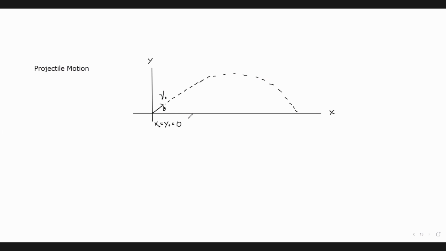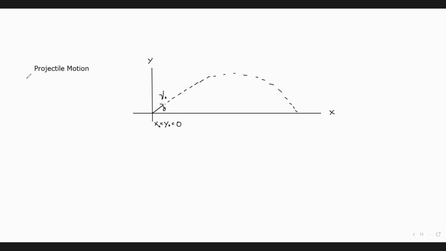In other words, I'm launching from the origin. I don't have to, and I will generalize this later. But let's say for now that we're launching from the origin in the XY plane with an angle theta with respect to the x direction, which is the horizontal direction.